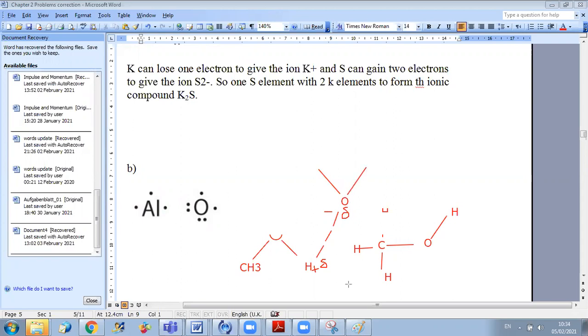It can take place infinite times. Any question on this? Okay, so this is for hydrogen bonding.